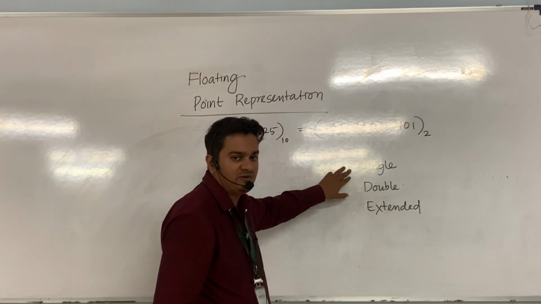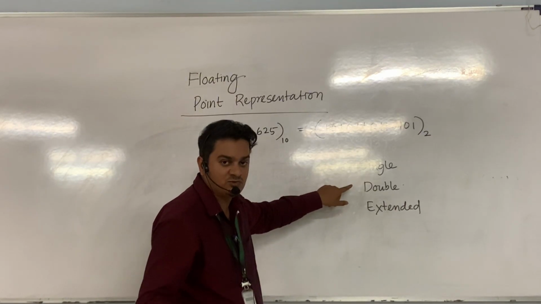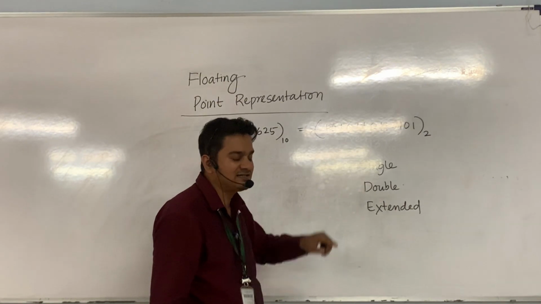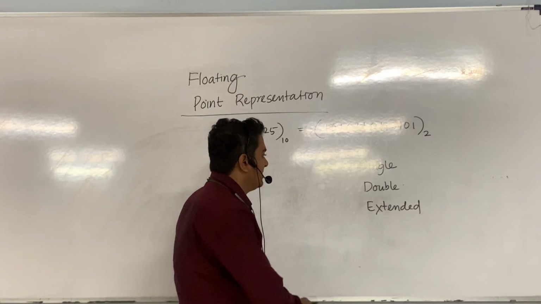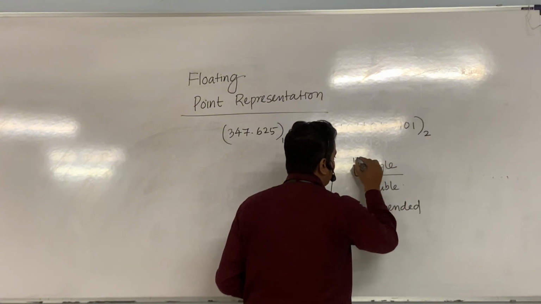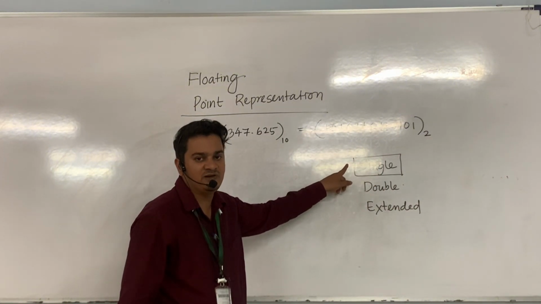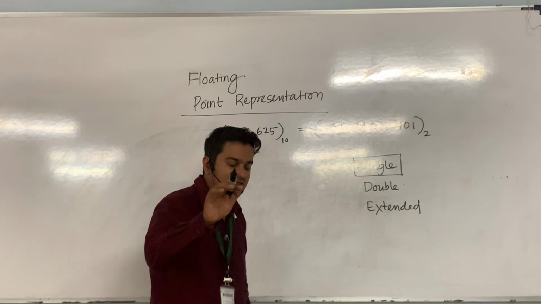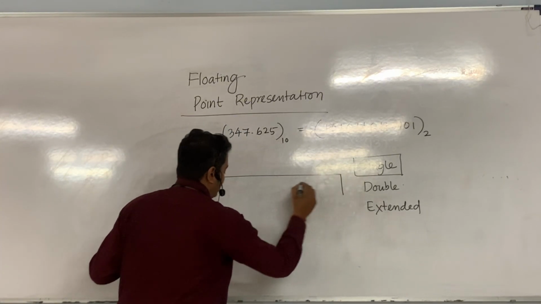In single precision there is one unique format, in double precision there is one unique format, in extended precision there is one unique format. We will concentrate first on single precision. In single precision there are three parts.